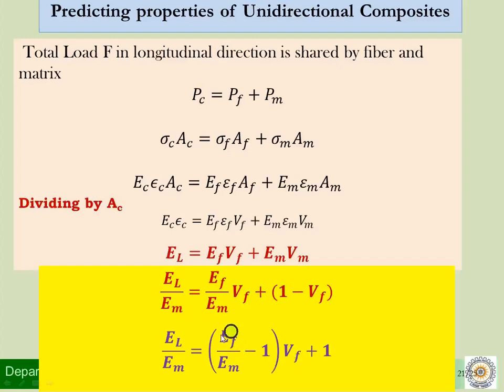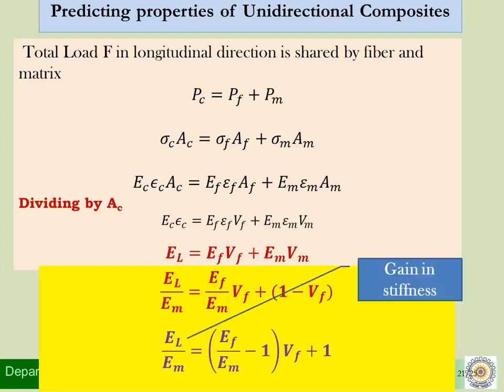Simply speaking, if you want higher values of EL by EM, meaning I want to reinforce my matrix to a higher value, EF by EM must be high. So the higher the EF by EM value, the higher EL by EM will be. And second, VF must also be higher, that volume fraction must also be higher. So I simply write this ratio as the gain in stiffness.